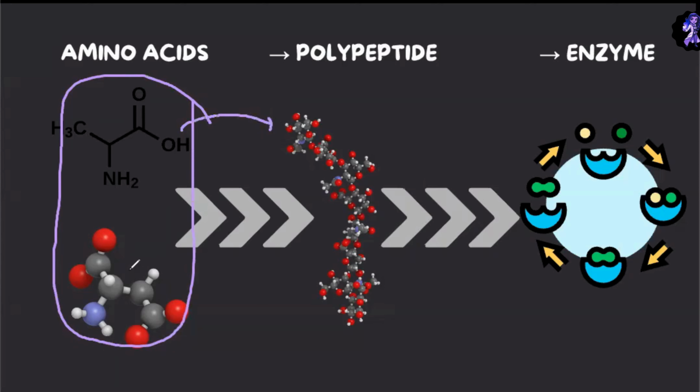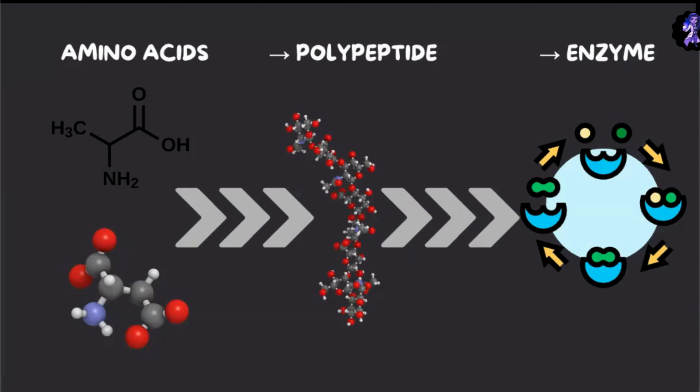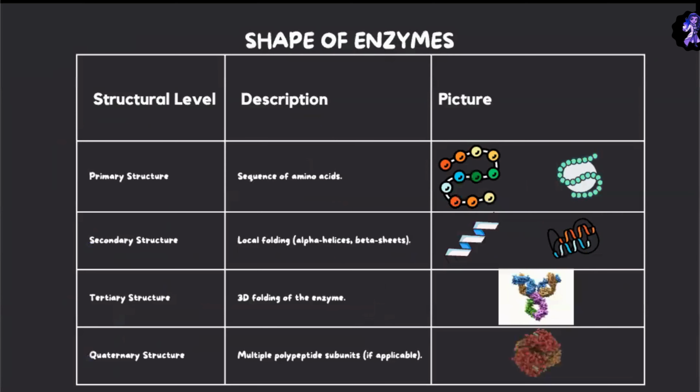So one amino acid will come together with other amino acids and they form what's called a polypeptide chain. And oftentimes, those chains could turn out to become enzymes. So that's where they fall together. Just a recap of understanding what enzymes fall under in terms of category.